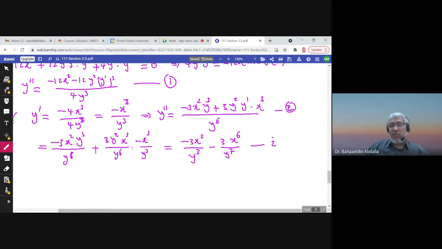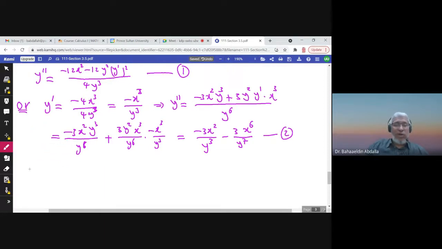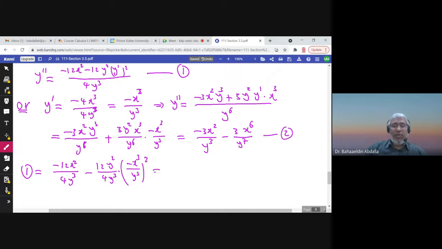So I can say that this is y double prime. This is 2. And now let me prove that 1 in fact equals 2. So equation 1 equals negative 12x squared over 4y cube minus 12y squared over 4y cube times y prime squared. Well, y prime is negative x cube over y cube, squared. So I have negative 12 over 4, which is negative 3x squared over y cube, and you can say that this is the first term in 2.